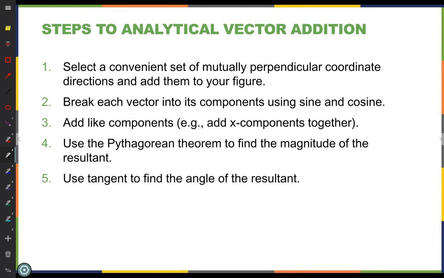Let's just take an example. Let's say I have a vector that is 6.4 meters long at an angle of 30 degrees east of north.